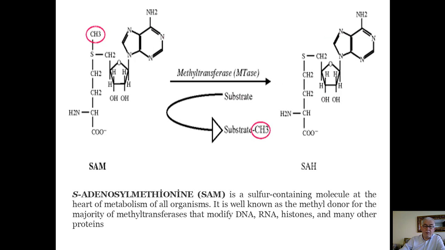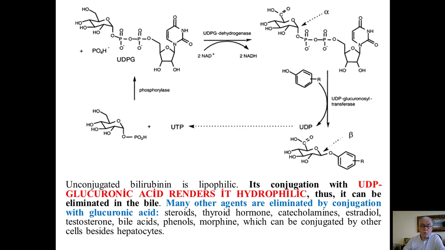Also, S-adenosylmethionine is a sulfur-containing molecule, and it is well known as a methyl donor for the majority of methyltransferase reactions, including DNA and RNA metabolism. And another one, UDP glucuronic acid, an activated form of glucuronic acid, needs UTP for its synthesis.